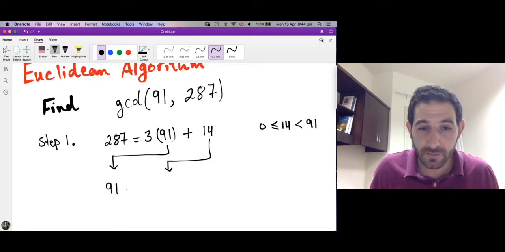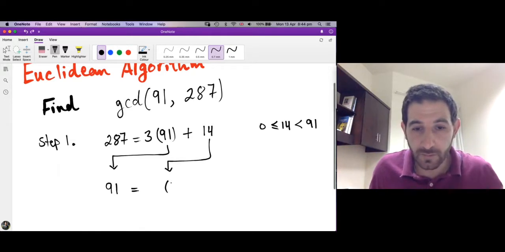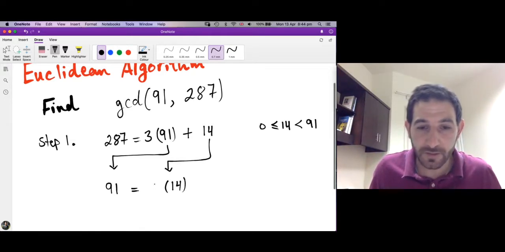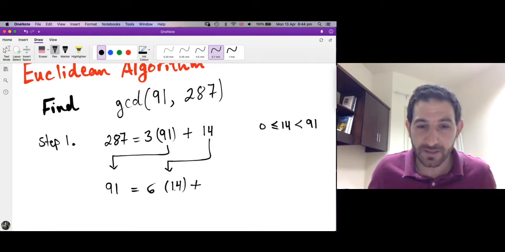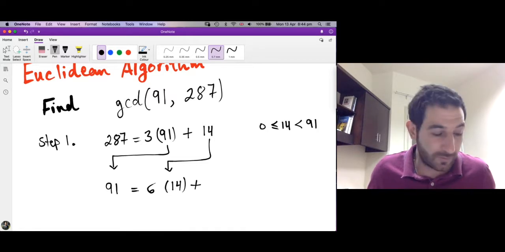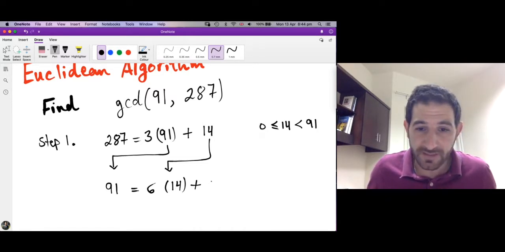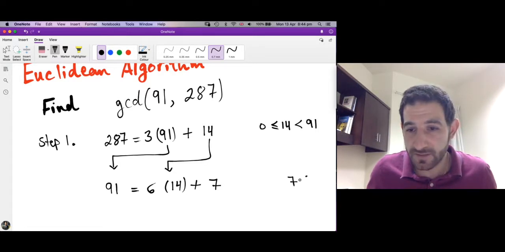So 91 is equal to 14 times q plus r. What is the quotient? We multiply 14 by 6 and get 84, and the remaining will be 7. This is the remainder, and notice that 7 is strictly less than 14. It should be strictly less than the divisor and bigger than or equal to 0.